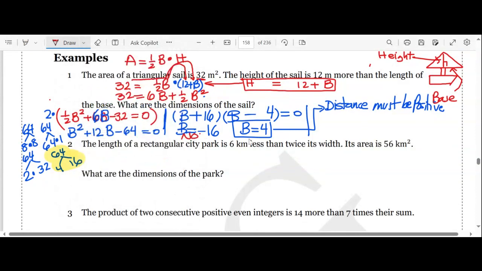No. But this one is yes. So you got b, correct? b is 4. How much is the height? 12 plus b. So h equals 12 plus 4. So h is 16. Is this clear? Yes. So you get the answer. Any question?